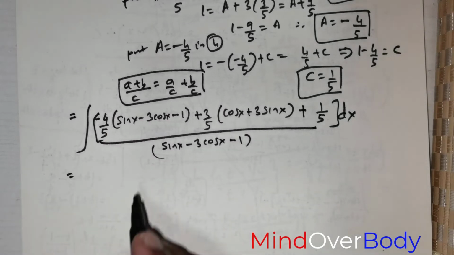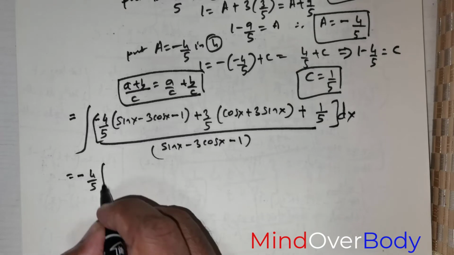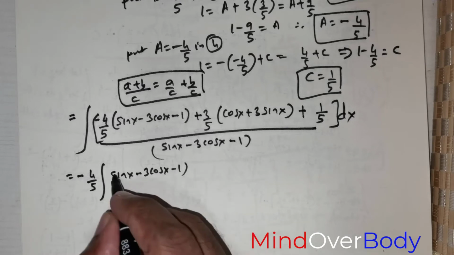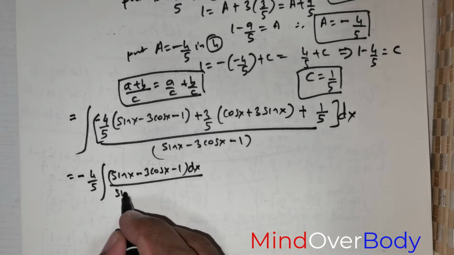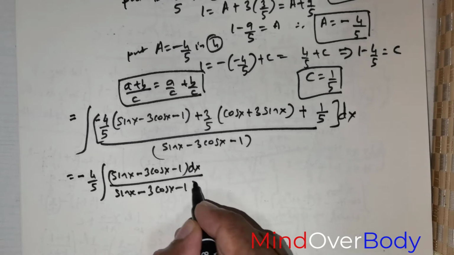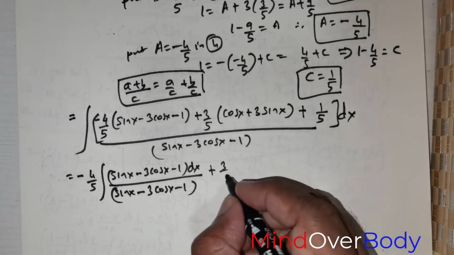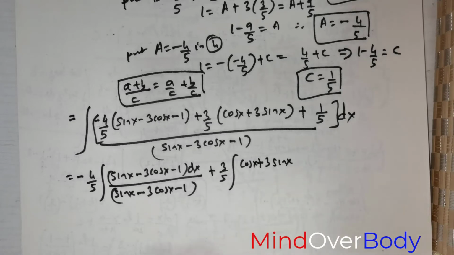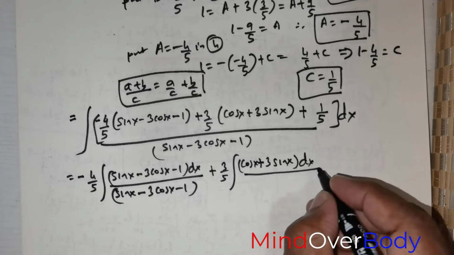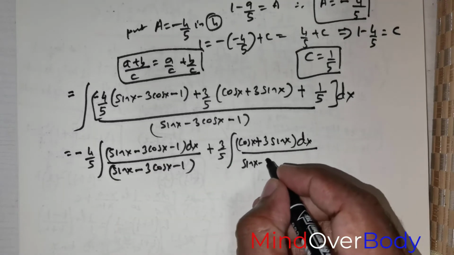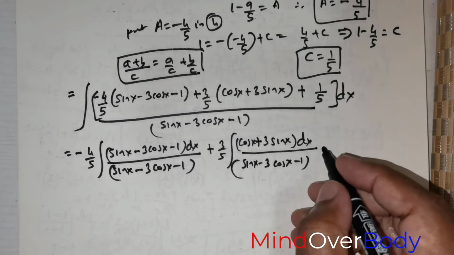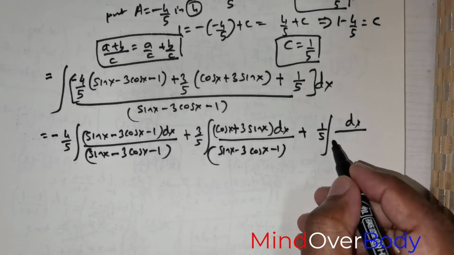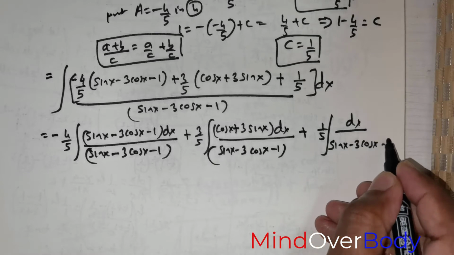With that, I can rewrite these terms as -4/5 integral of (sin x - 3 cos x - 1) dx divided by (sin x - 3 cos x - 1), plus 3/5 times integral of (cos x + 3 sin x) dx divided by (sin x - 3 cos x - 1), plus 1/5 times integral dx over (sin x - 3 cos x - 1).